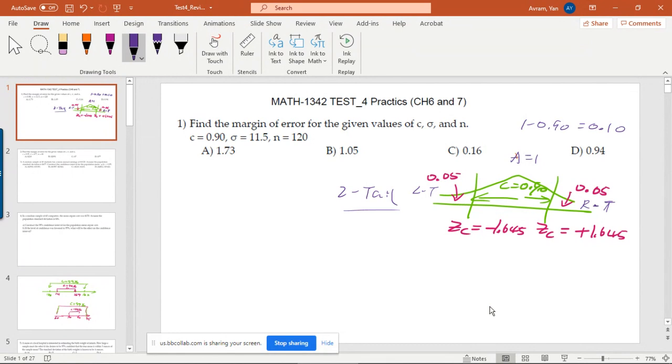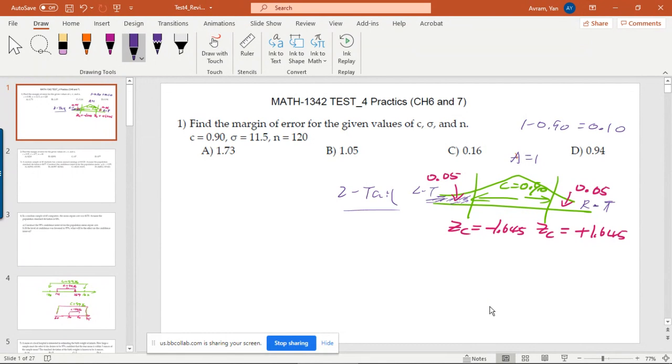And remember, when you read a table backward, we have to use the area to the left. So now we have this whole area to the left, which is 0.05. If I read this one, I will get a negative z-score.